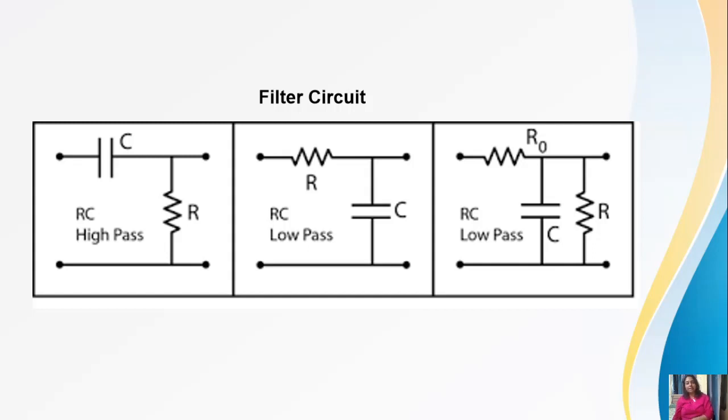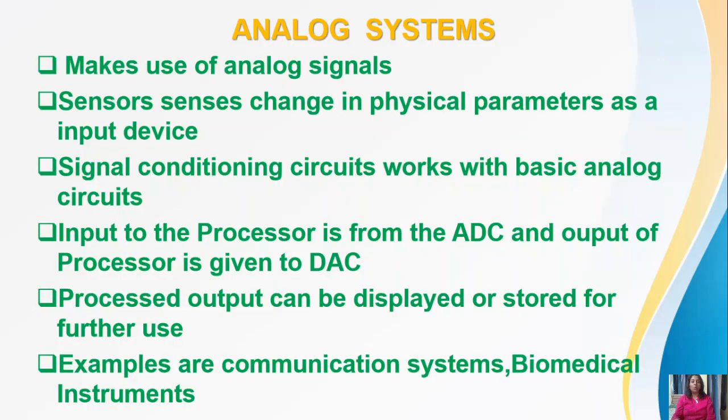The signal conditioning circuit is used to condition the output, in the sense to bring the output of the sensor to the required level.